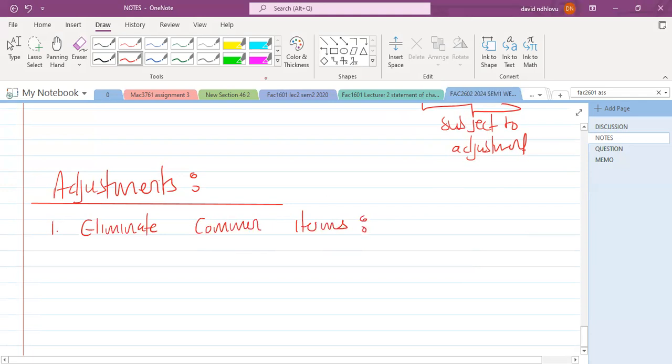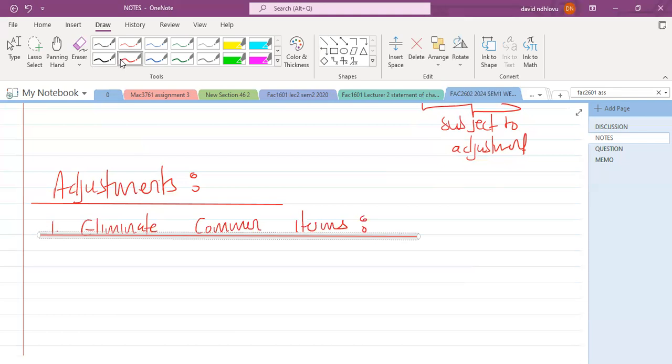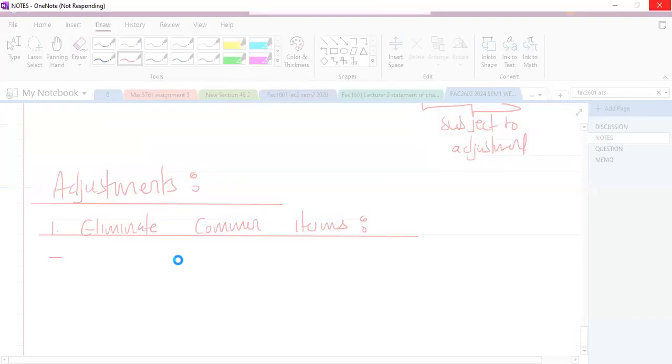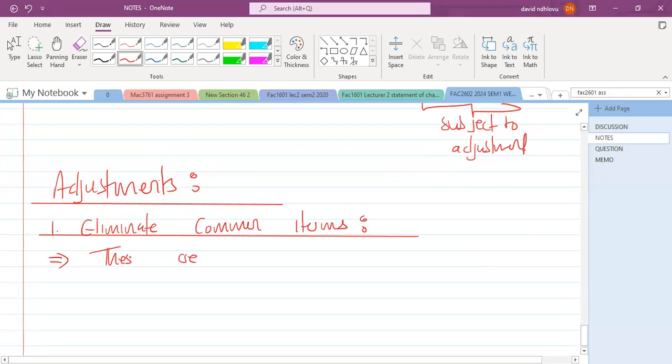Right, when we talk about common items, these are statement of financial position items.